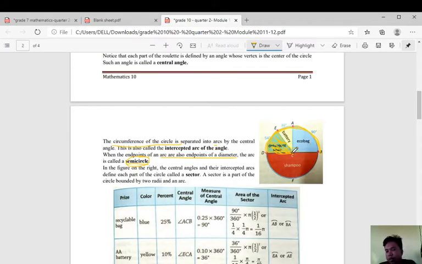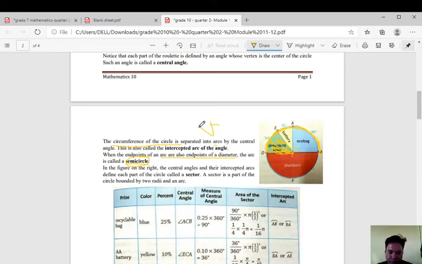A sector is, can you imagine a pizza? If you're going to get part of that circular pizza, then that part is a sector. Okay? If we are going to isolate this part, then it would look like this.